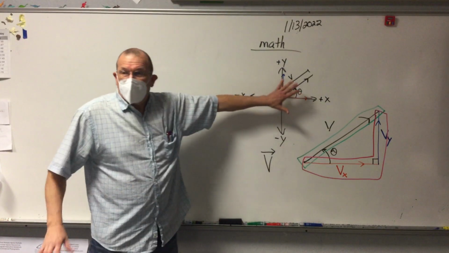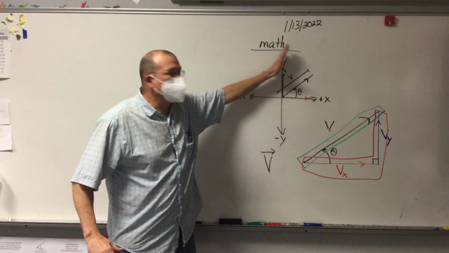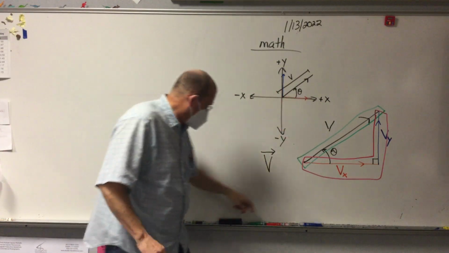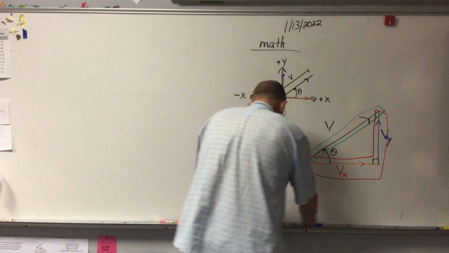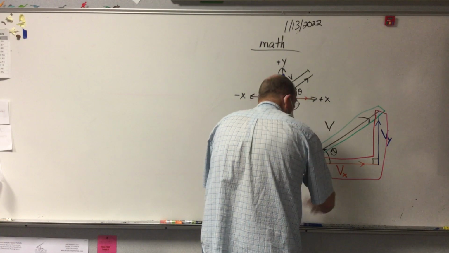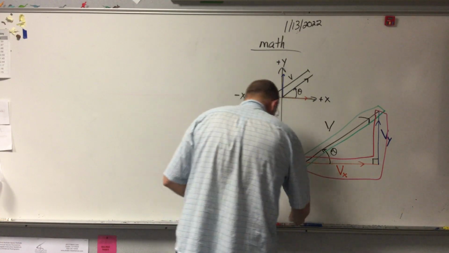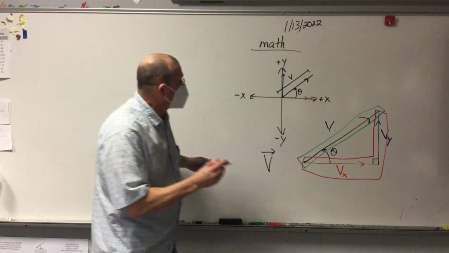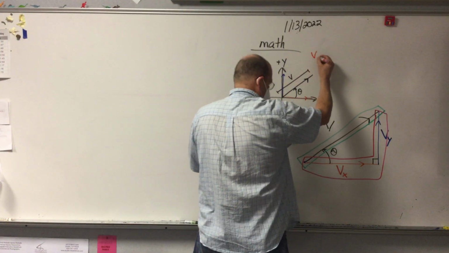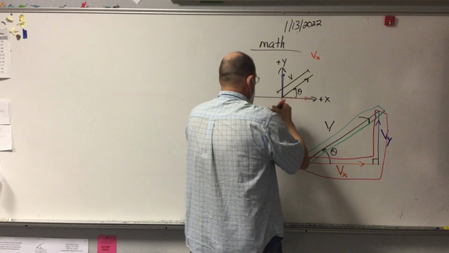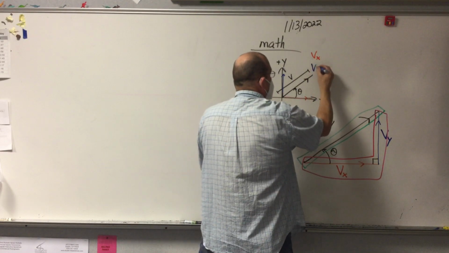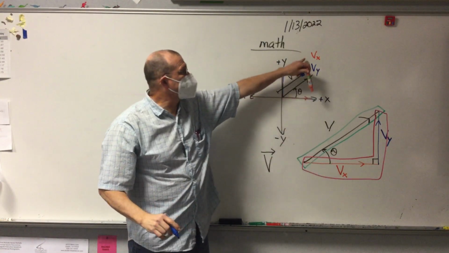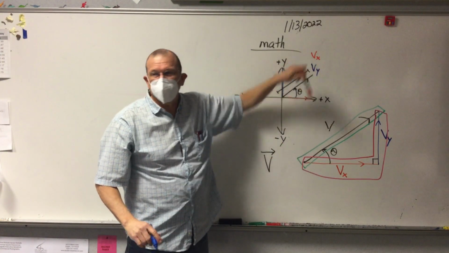Because at this moment, if you got a first quadrant vector, we got no problem. So, generically speaking, I'm using this for Vx and this for Vy. In the first quadrant, what sign should the Vx have?